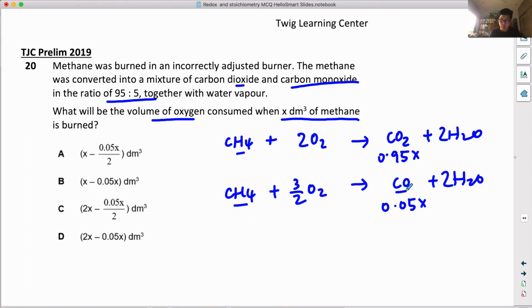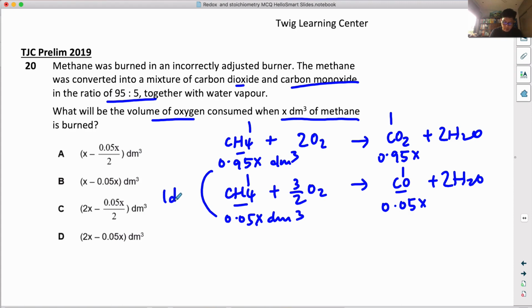If I work backwards, I can see that originally I used 0.95x dm cube of methane over here. You can see 1:1, and here since it's also 1:1, the amount of methane here is also 0.05x dm cube. Okay, add them together. This is actually going to be x dm cube, isn't it? That's how I could see it.